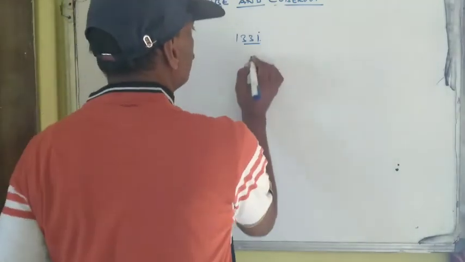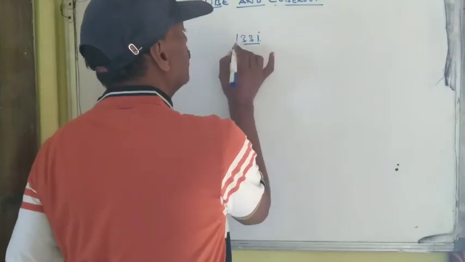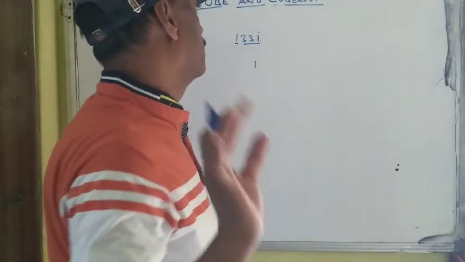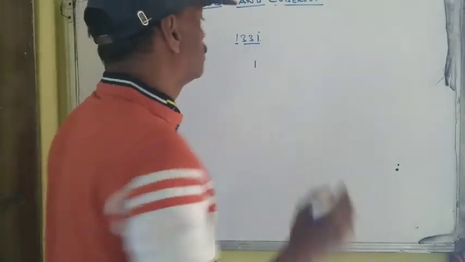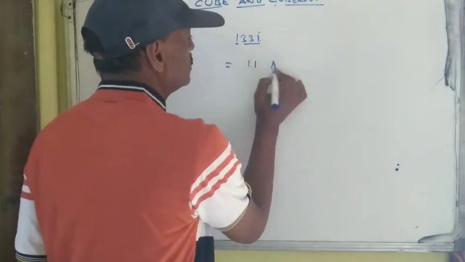So the first digit will be 1. Now what is the cube of 1? It is 1, so the answer is 11.